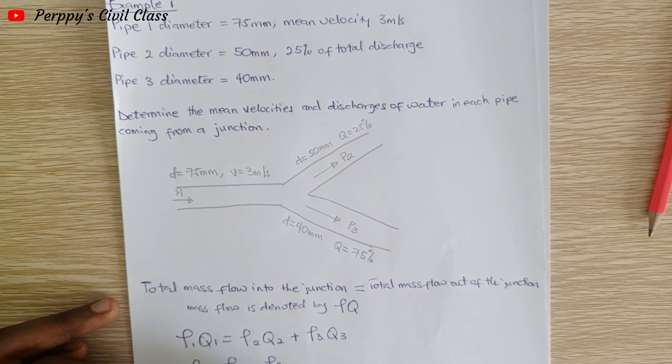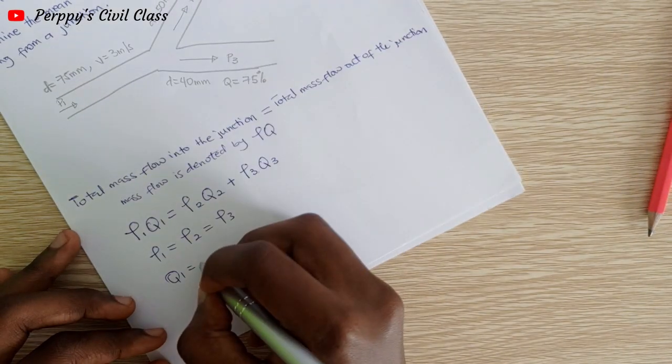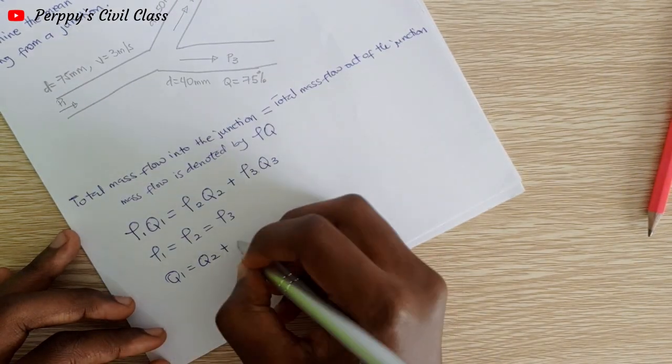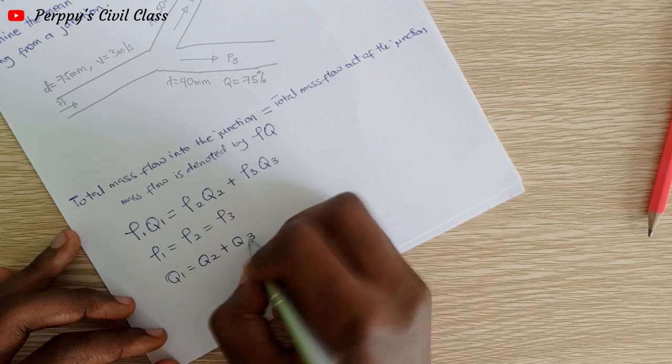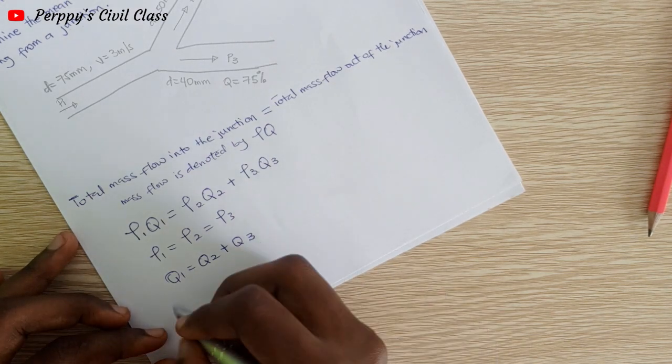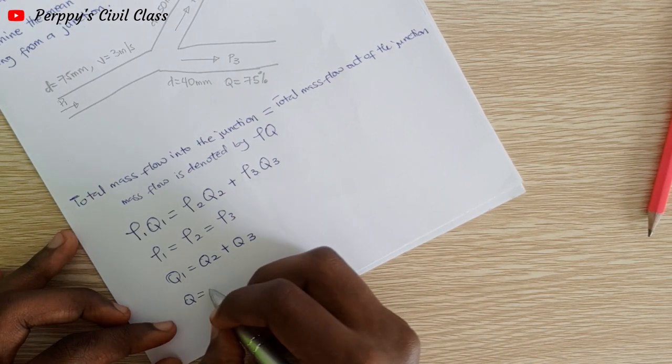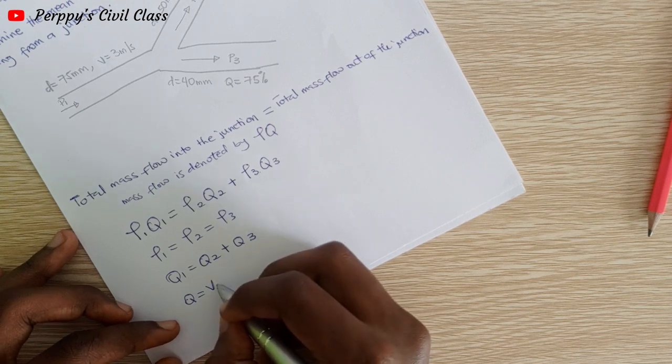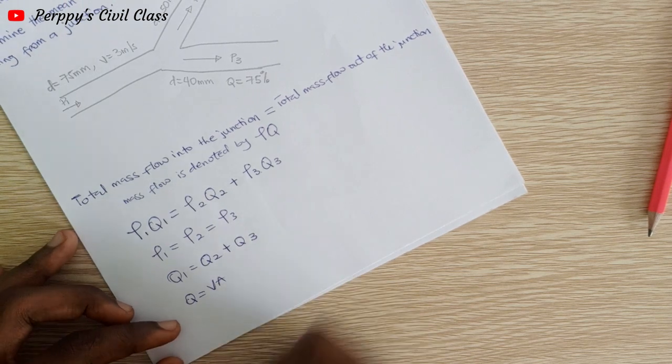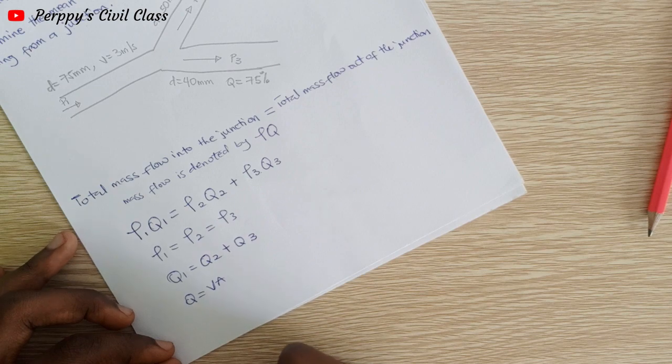Now you are going to have Q1 equal to Q2 plus Q3. That's our discharge, and discharge is equal to mean velocity times cross-sectional area, Q equal to VA.